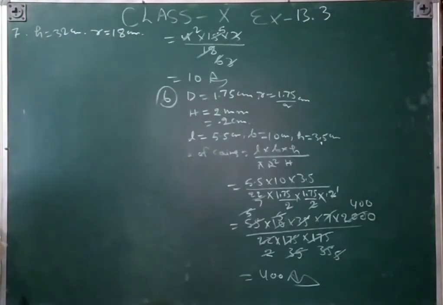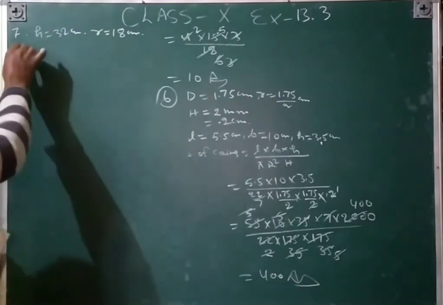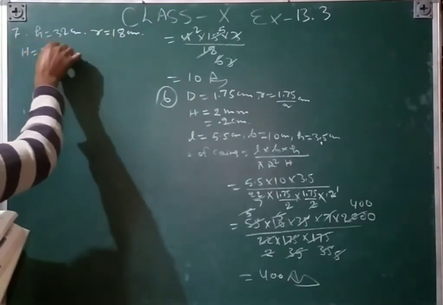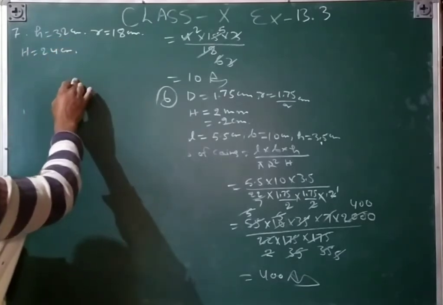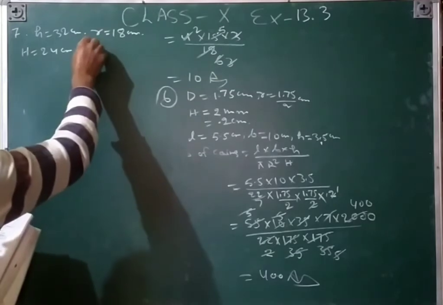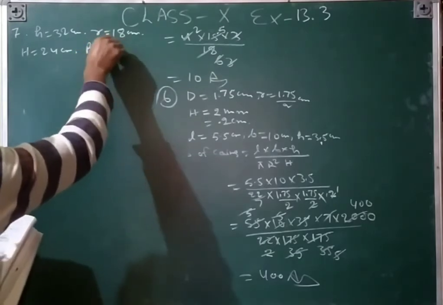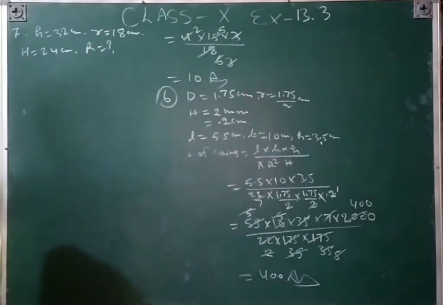This bucket is emptied on the ground and a conical heap of sand is formed, whose height is 24 centimeter. So we need to find the radius and slant height also. So radius is equal to question mark, and slant height also we will find.